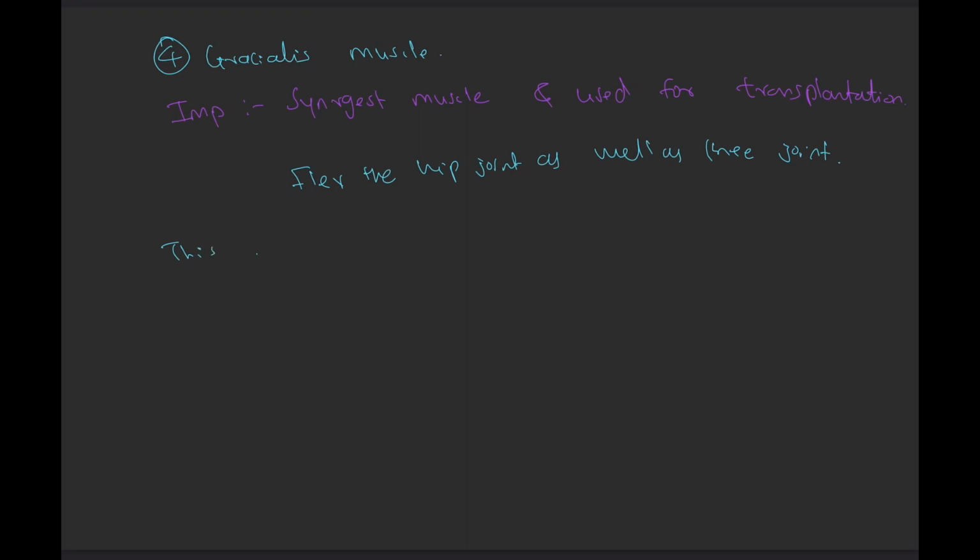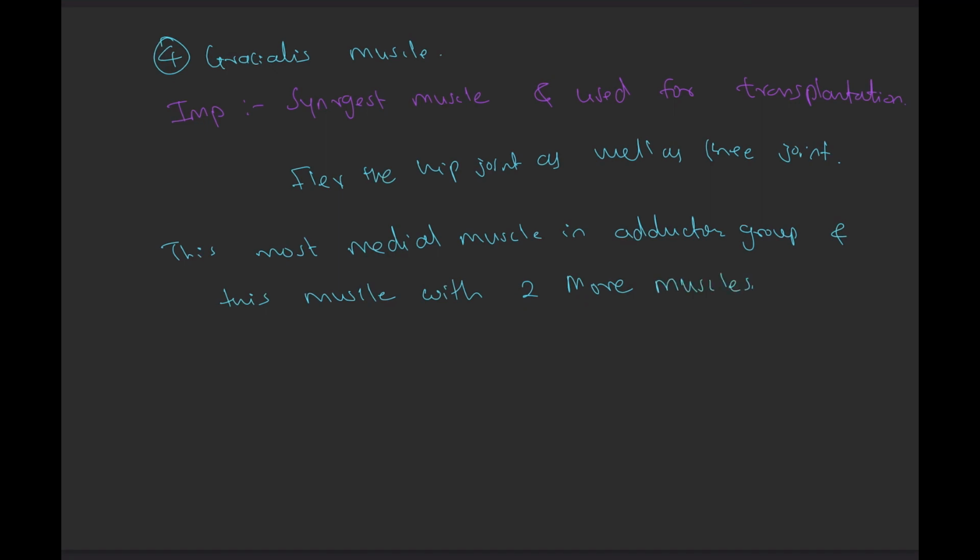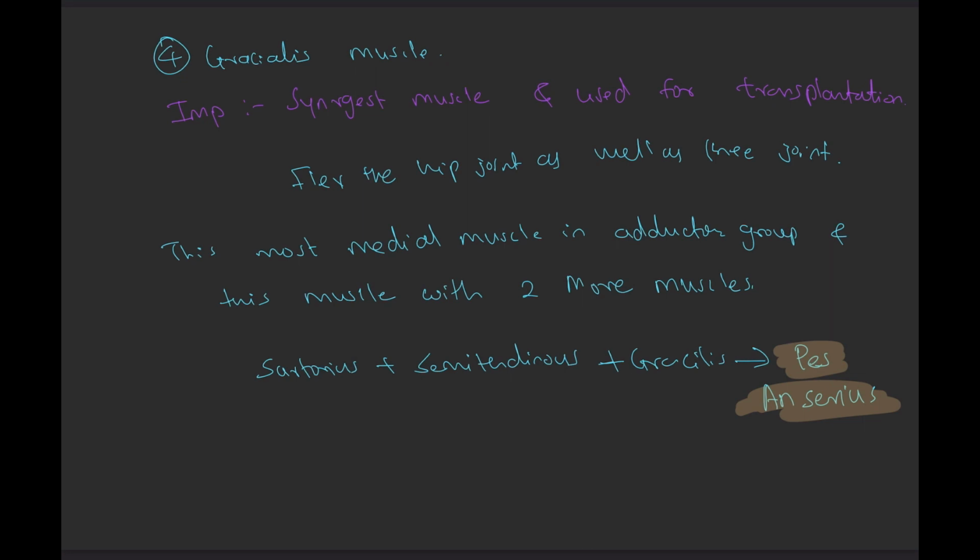This is the most medial muscle in the adductor group, and this muscle with two more muscles, sartorius plus semitendinosus plus gracilis, forms the pes anserinus, which is also called the goose foot.